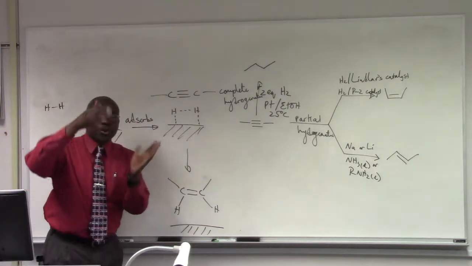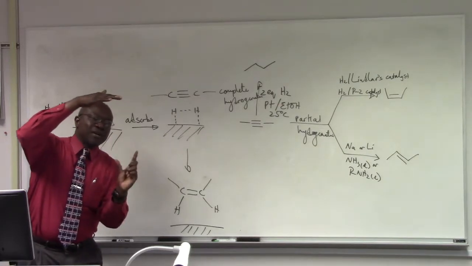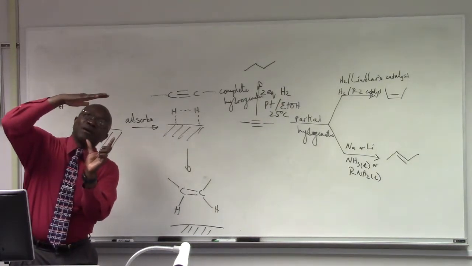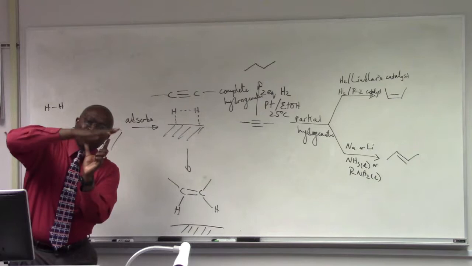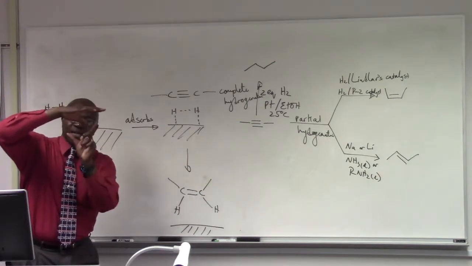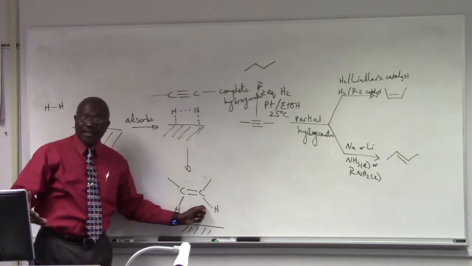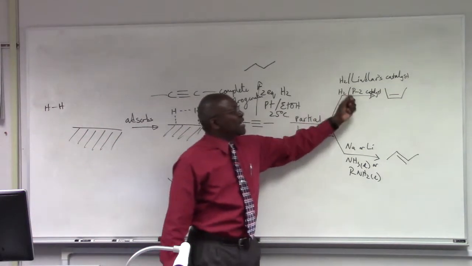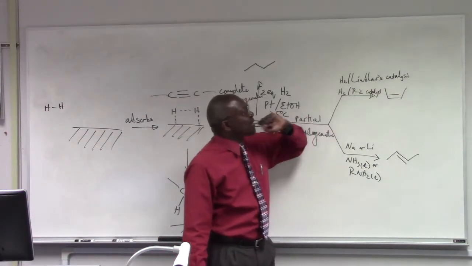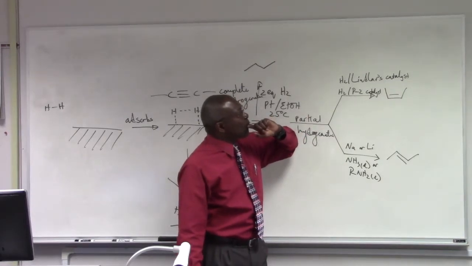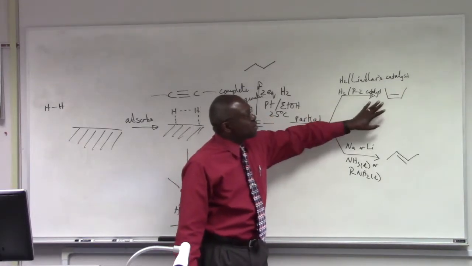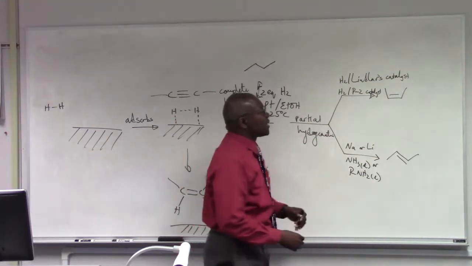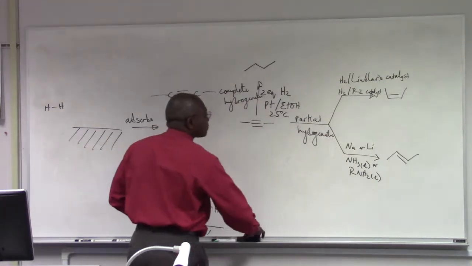But because of the geometry of the reaction, because the H's are sticking up this way, when the alkyne comes and sits down, it plucks the H's on the same face. So you end up with the cis alkene. So if I treat the alkyne with hydrogen gas, with either Lindlar's catalyst or the P2 catalyst, that's going to generate the corresponding cis alkene.